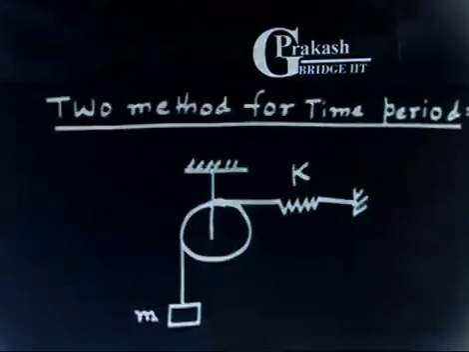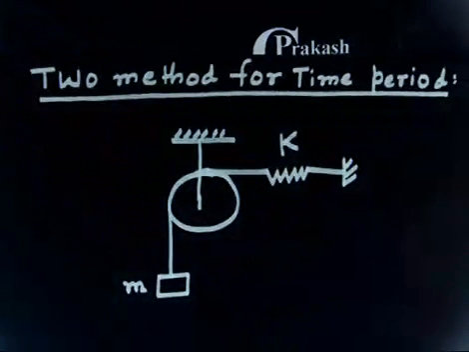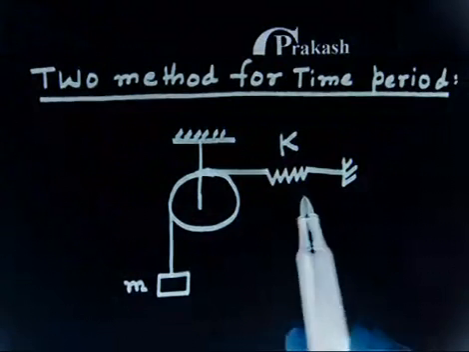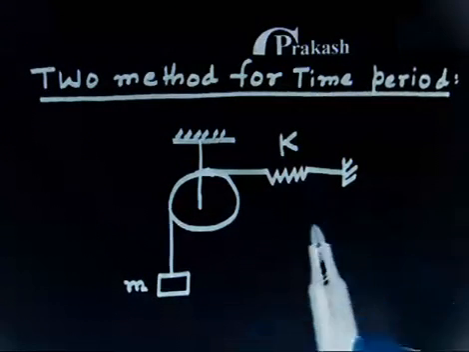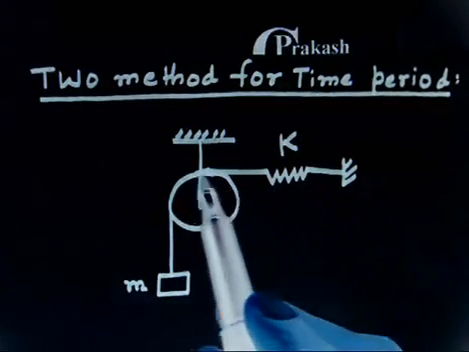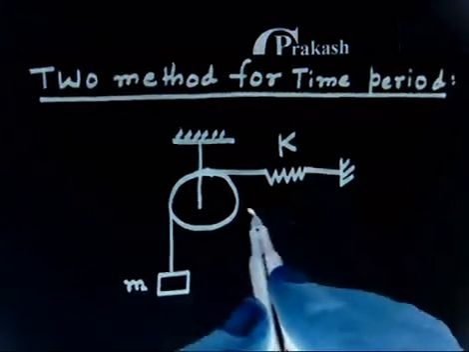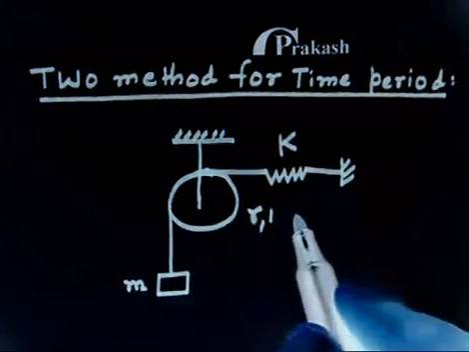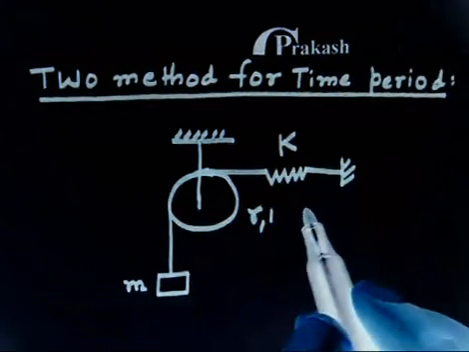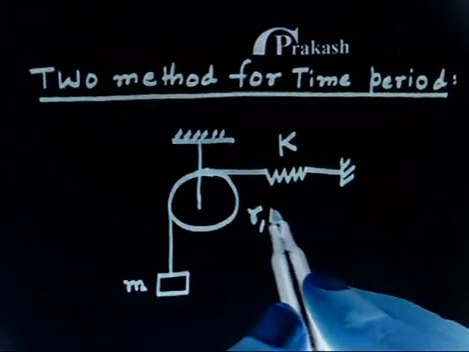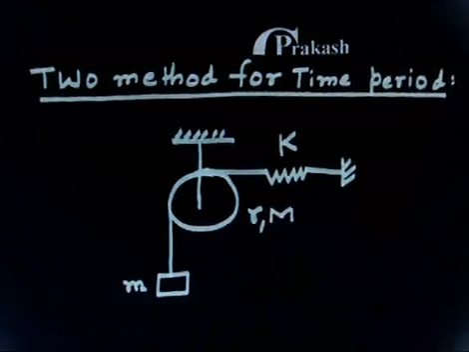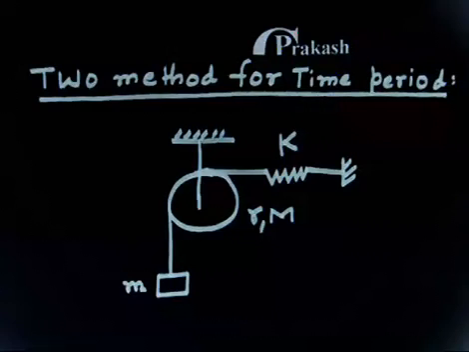Now let me read the question. It says a mass m is attached to a spring of constant K via a frictionless pulley. So this pulley is frictionless, of radius r, and the mass of this pulley is capital M, as shown in the figure.